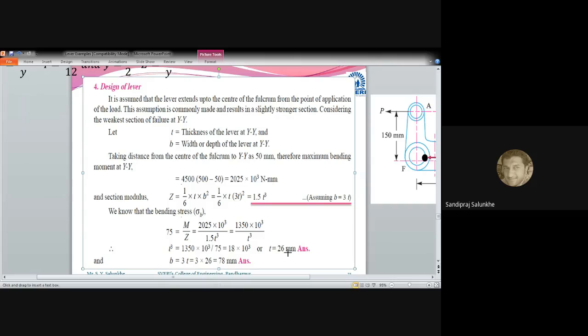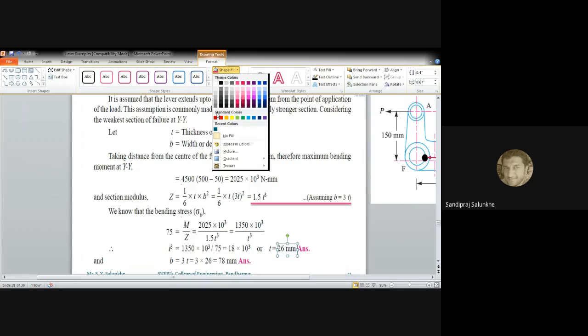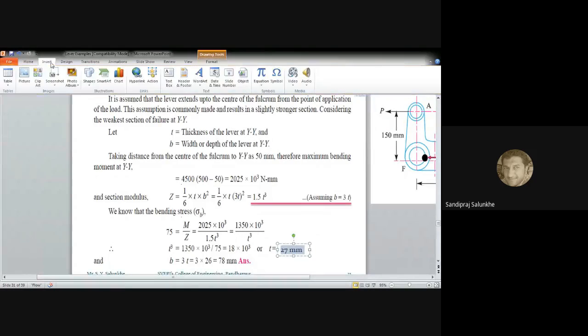Should I take it as 26 millimeter? If it is coming as 26.2, it should be 27 millimeter, right? So instead of considering this 26 millimeter, it should be 27 millimeter. It should be approximated to more than that.